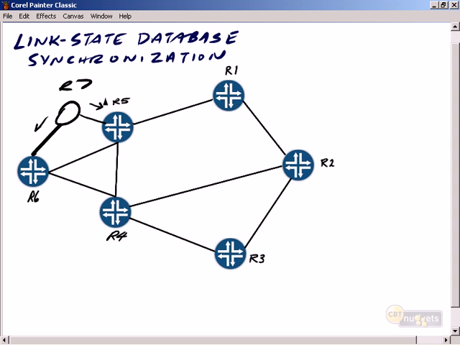Then they'll describe what's stored in their databases to one another. If a router sees through its neighbor's descriptions that the neighbor has one or more announcements that are not in its own database, then the router can request that the neighbor send a full copy of the announcement. So the router can synchronize with its neighbor and feel pretty confident it has a complete and consistent database.